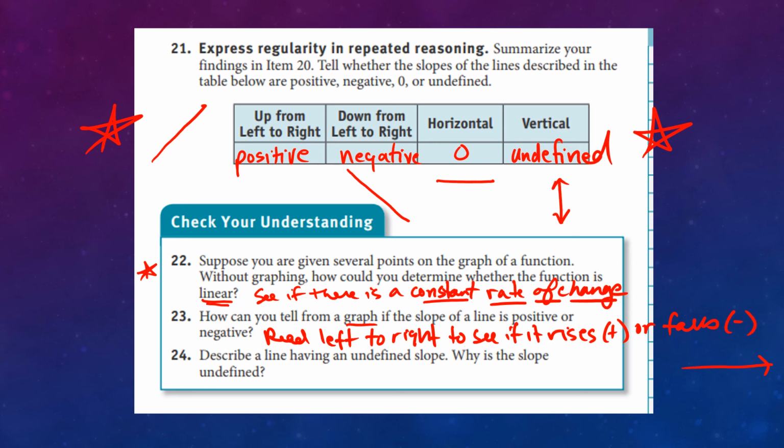Describe a line having an undefined slope. Undefined slope would be a vertical line because it's not running. No run value. So you would be dividing by what causes that to be undefined? 0. You can't divide by 0.